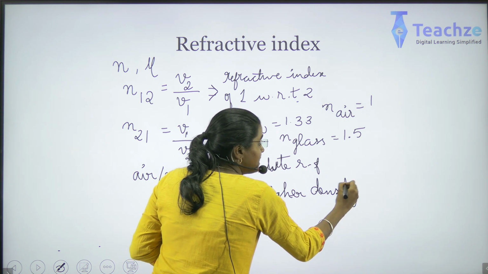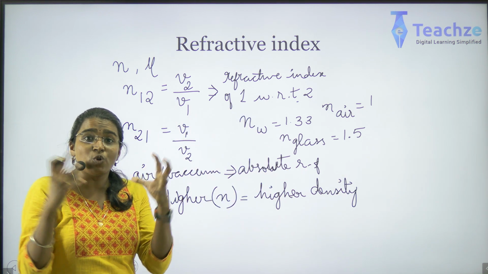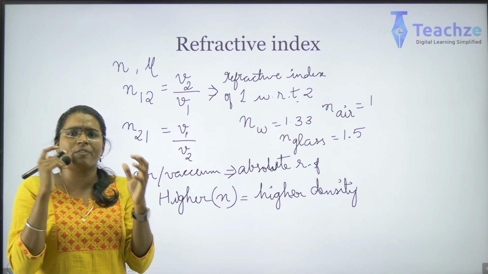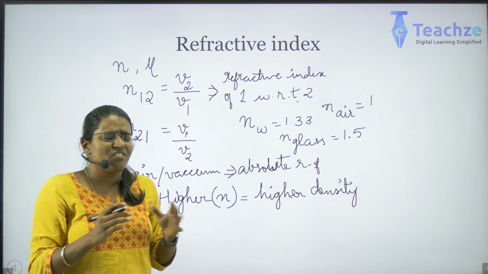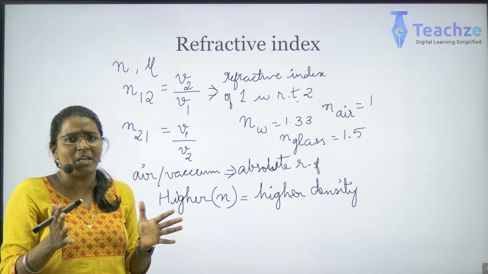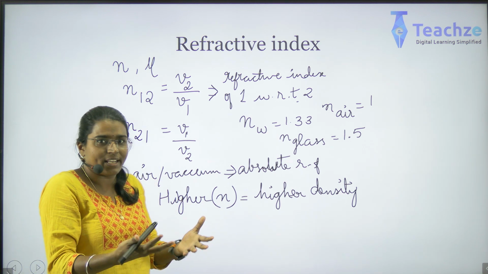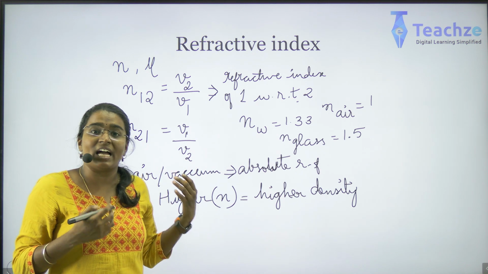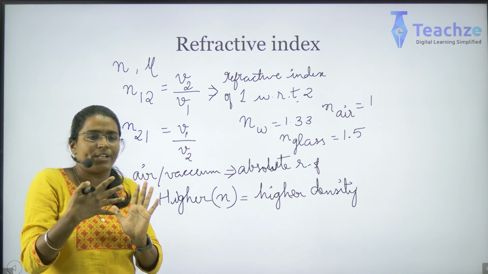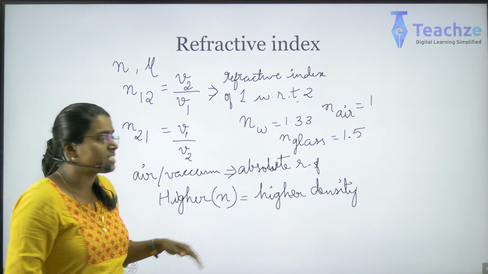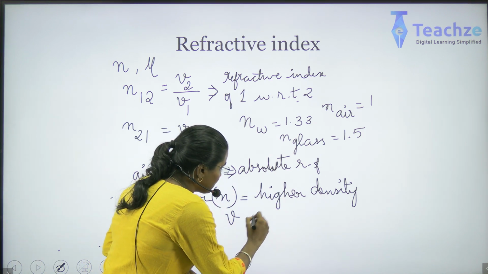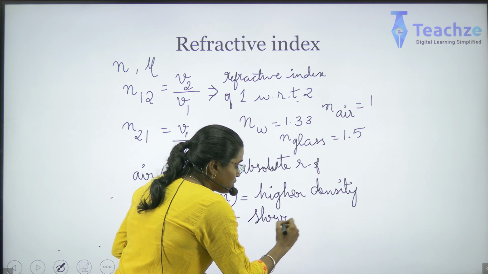When it is so dense, can you move into a very crowded bus? It's like that. It's very crowded and it's peak hour. You can't go in, right? So whenever there is a higher density, you have to slowly go in. So whenever there is a higher density or higher refractive index, the velocity slows down. Velocity of what slows down?